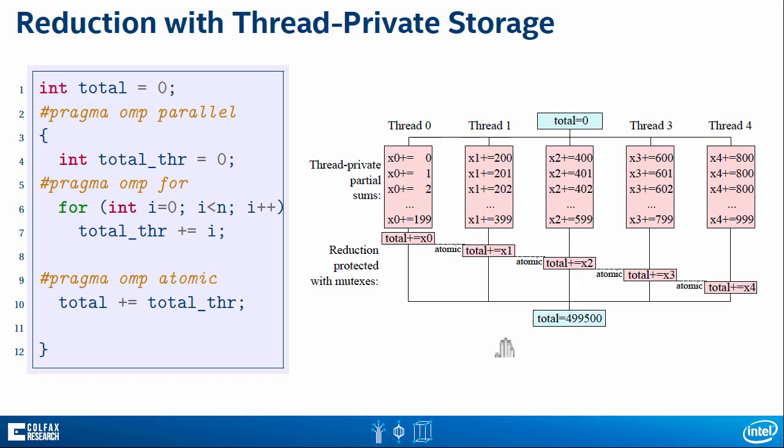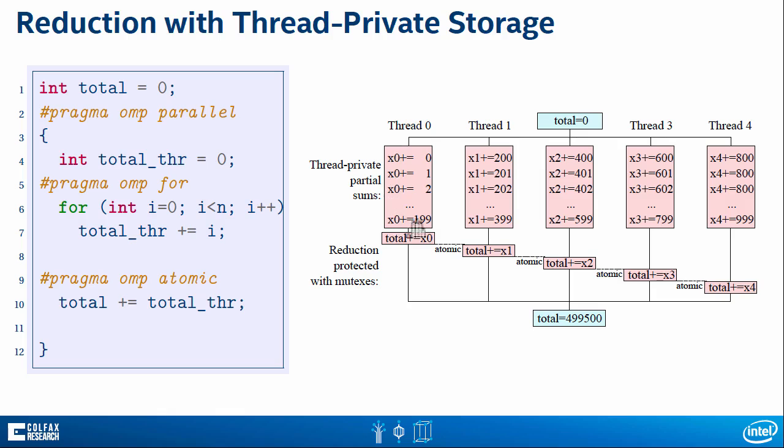Typically, it is implemented using thread private storage. If my goal is to increment the variable total by multiple threads, I will create a temporary variable in each thread in which I will run the running sum.